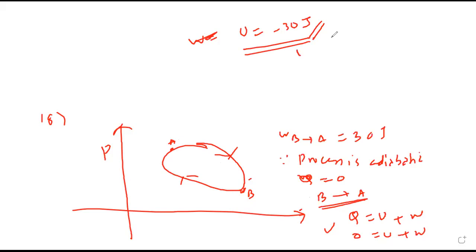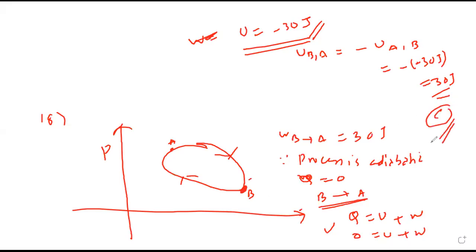So internal energy from B to A is opposite of internal energy from A to B. So it will become minus of minus 30, which will be plus 30. Because if you start at B, go to A and come back to B, net change is 0. So the answer is plus 30, option C. The heat is of no use here.